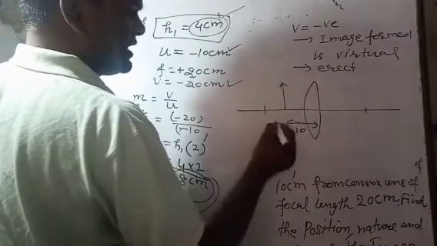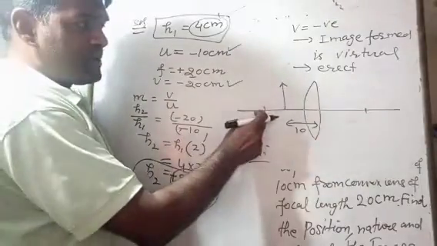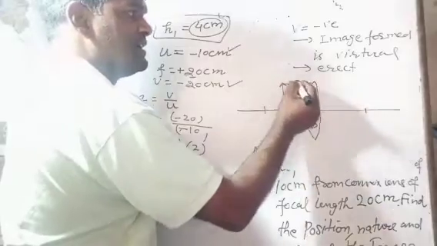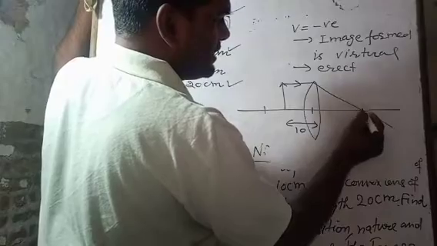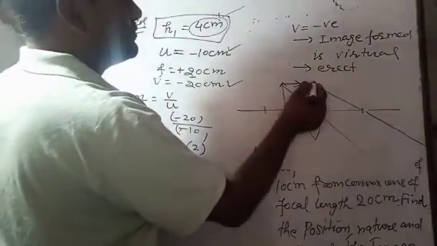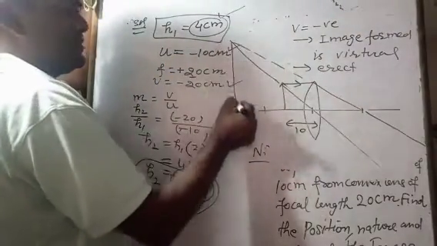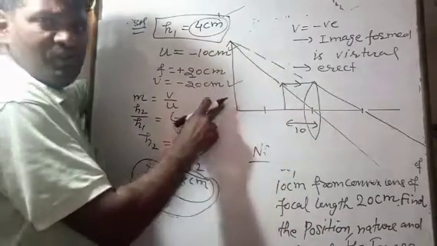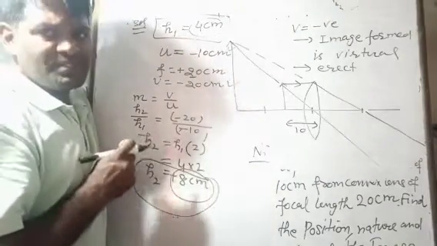And this is also the property: when object is placed between focus and the optical center of the lens, the image formed is always virtual. Okay, my dear student, if we extend the rays like that, they will meet here and the image will be formed here. This is how we can also make a ray diagram for our observations.